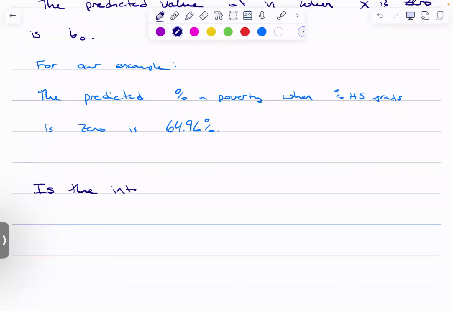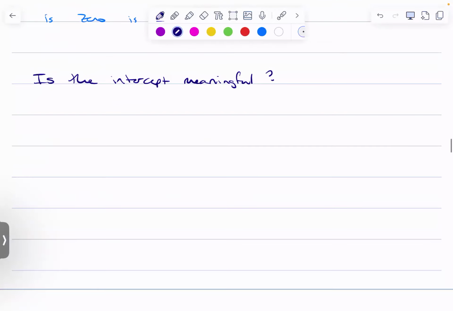Is the intercept meaningful? is usually a follow-up question that I ask. Now, we know lines keep going from negative infinity to positive infinity, and at some point, it has to cross the y-axis at x equals 0.